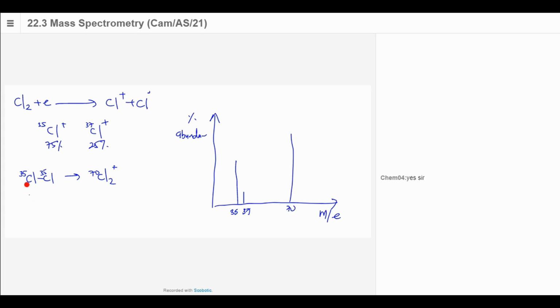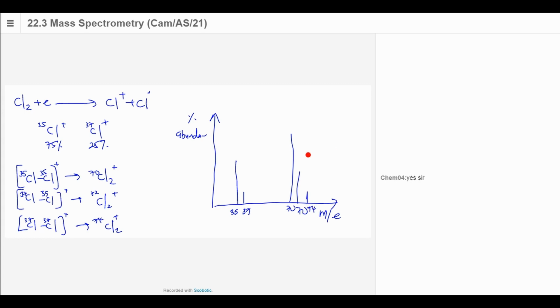And you can combine chlorine 37 with chlorine 35. You get a peak at chlorine 72 plus, quite shorter than 70 because 37 has less percentage. And then lastly, 37 combining 37, you get chlorine 74 plus. That will be a tiny peak at this point.